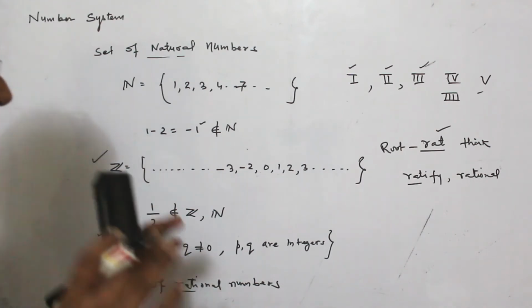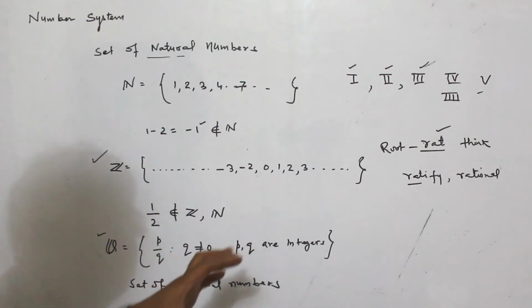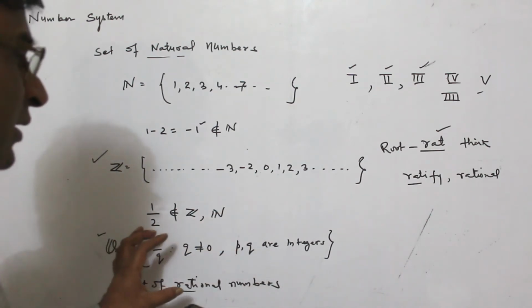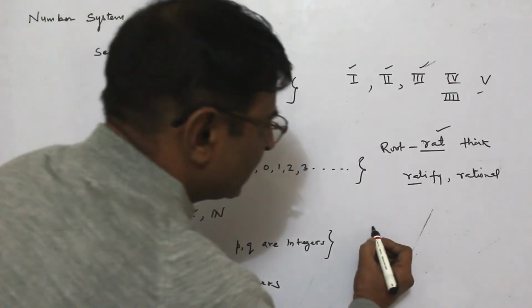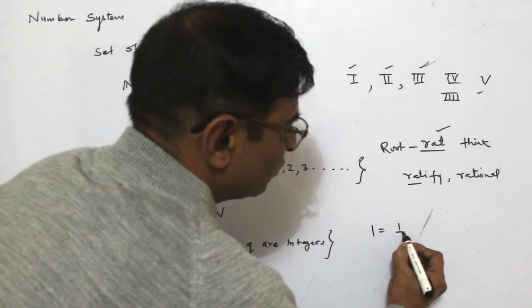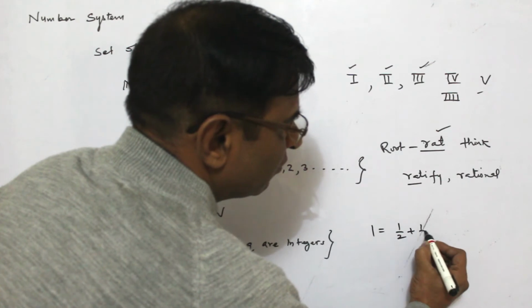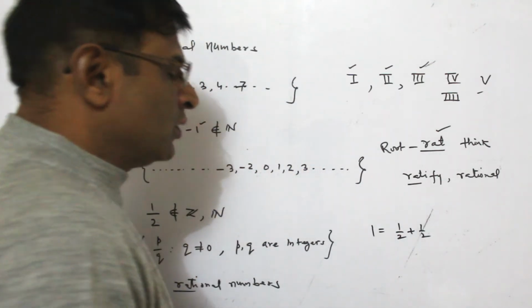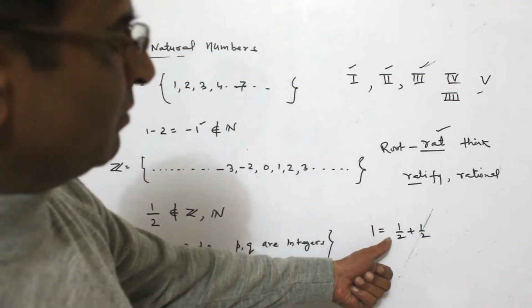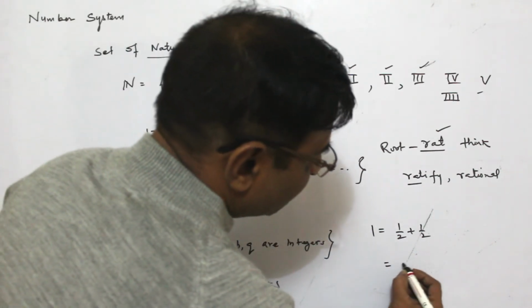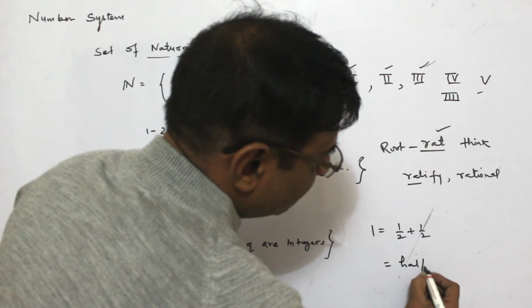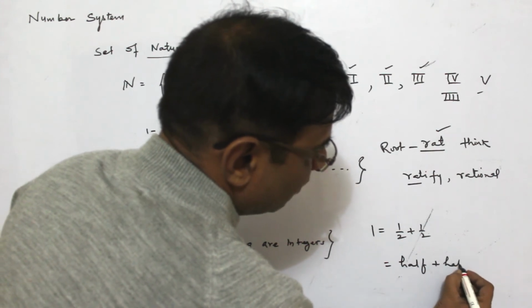Suppose you have one apple, and you want to divide it into two parts. Then 1 in two parts becomes 1 by 2, 1 by 2. This is the mathematical notation for half. You can say half plus half.